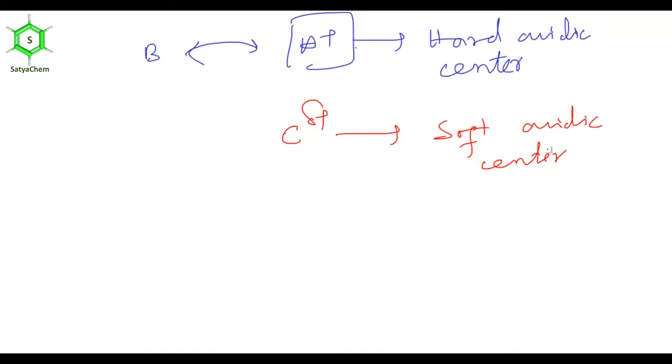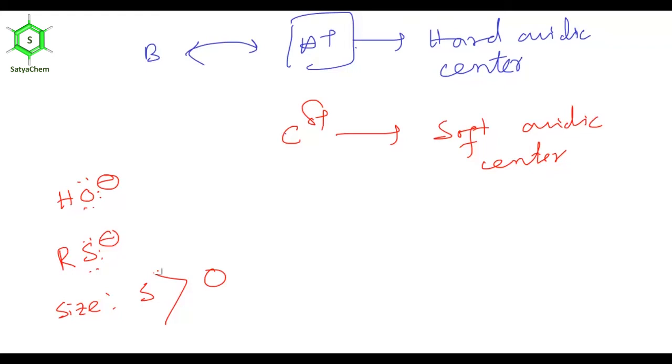And suppose HO minus and consider RS minus. Here negative charge is on the oxygen atom, and here negative charge is on the sulfur atom. And we know that the size of sulfur is higher than that of oxygen. So 1 unit negative charge is present on the sulfur atom and 1 unit negative charge is present on the oxygen atom in HO minus.